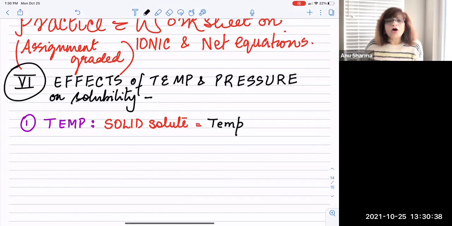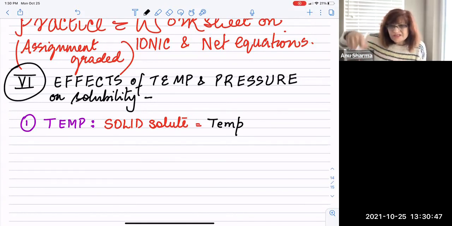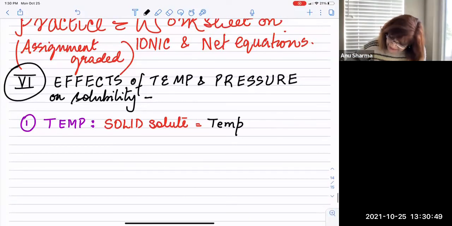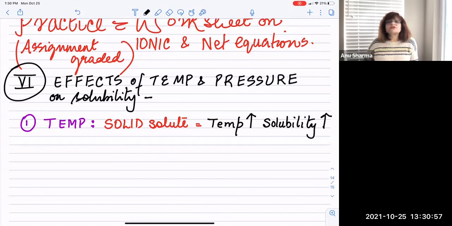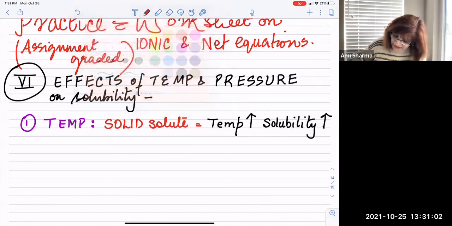You've seen that, hot coffee versus cold coffee. Hot coffee, easy to dissolve the sugar. Cold coffee, difficult to dissolve the sugar. It takes longer, you have to stir more, right? So as the temperature increases, the solubility of the solid increases.